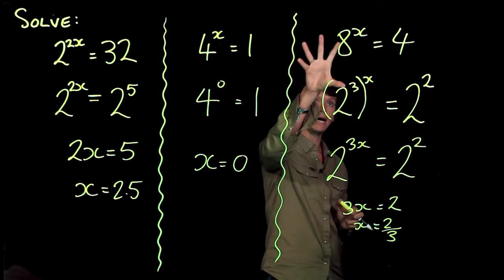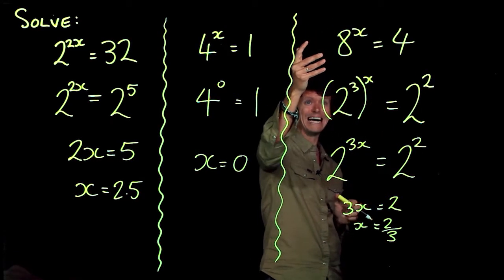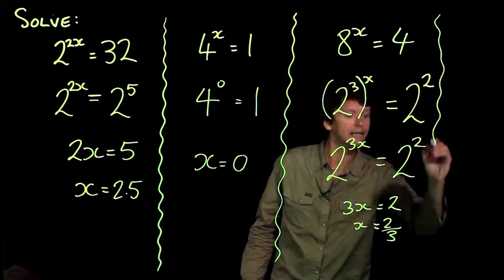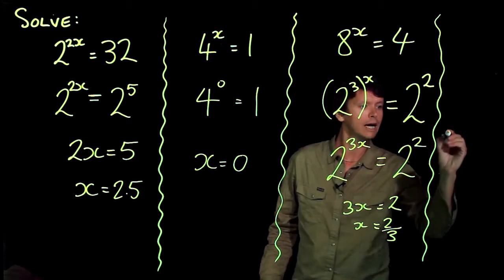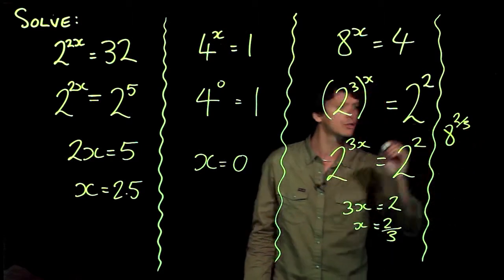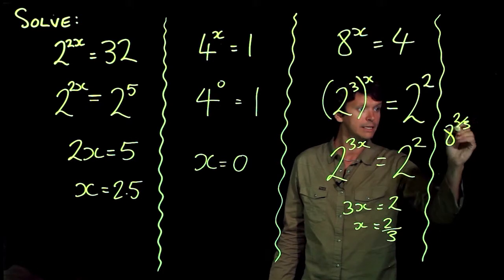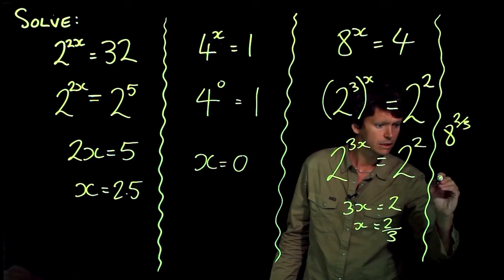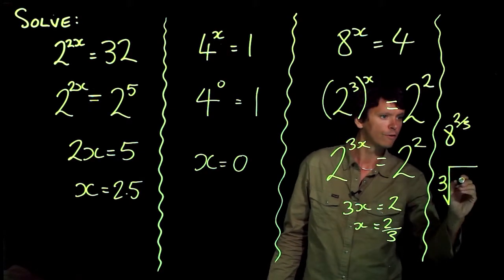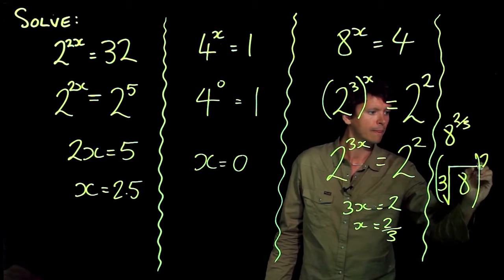Now you might have actually got that by inspection, and we can use this as a check. If we were to look at 8 to the power of 2/3, if you remember from when we looked at fractional indices, the denominator, the 3, shows that we're looking at the cube root of 8, squared.